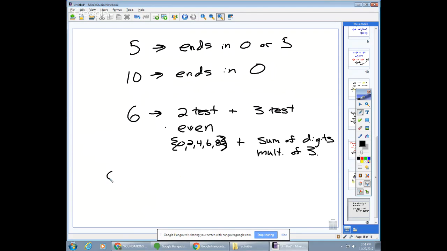So for example, 192. It's even, check. And then 1 plus 9 plus 2 is 12, and 3 goes into 12.